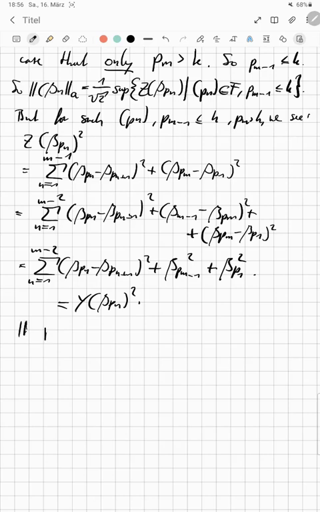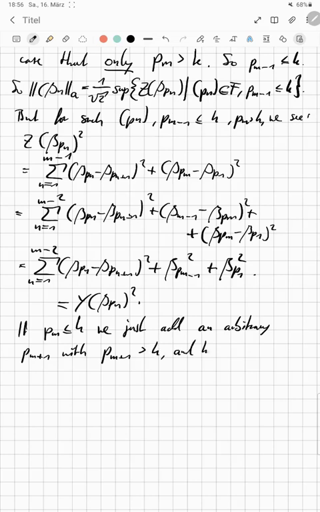And if P_m is less than or equal to K, we just add an arbitrary P_{m+1} with P_{m+1} being bigger than K, and then we have that P_n, as n goes from 1 to m plus 1, are also valid indices.